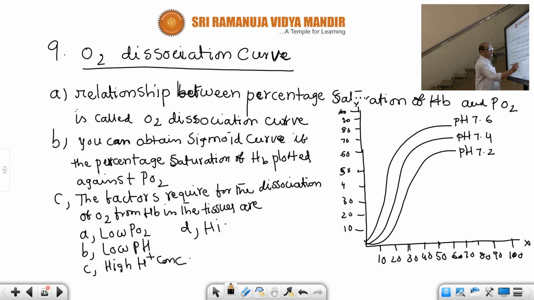High PCO2. Here also the same: more is the PCO2, more is the temperature; less is the PCO2, lesser is the temperature. So high temperature.